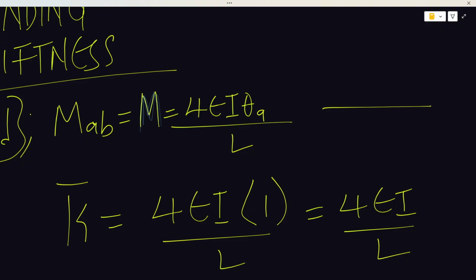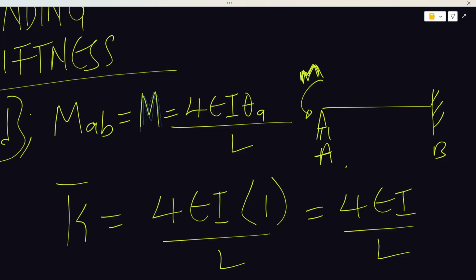Since I'm dealing with applied moments now, that's why I was trying to take our eyes off MAB or MBA. I'm applying it to that segment of the beam, and I'm now defining bending stiffness as how much I need to apply in order to cause a rotation of that beam.